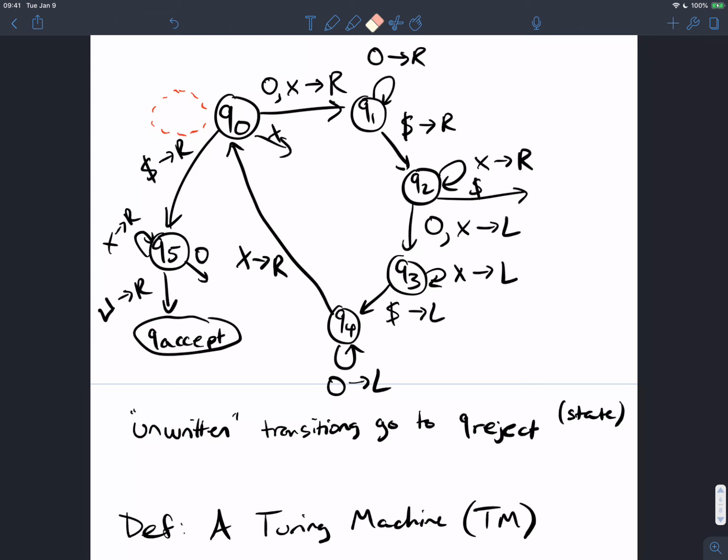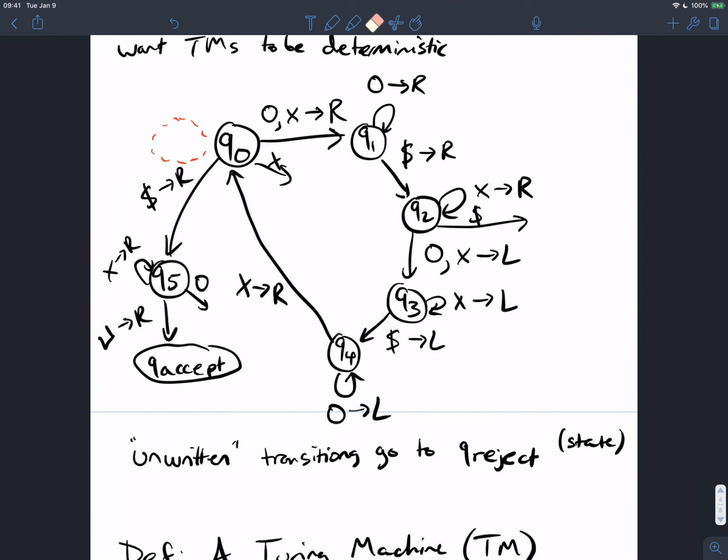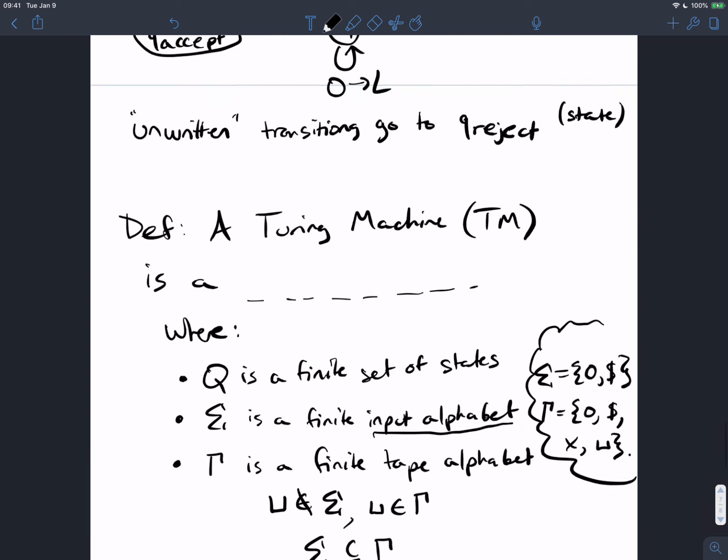So I need to specify, what if I didn't include that arrow coming in from nowhere at all? Do I know where to start? Well, you can just say, start at the state called Q0. Is there always a state called Q0? What if I call them Alabama, Arizona, Kansas, all great state names, right? So how would I know what state to start at? So we always will specify one state that's the start state.